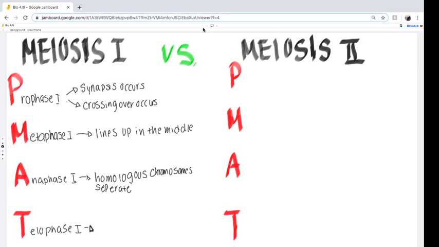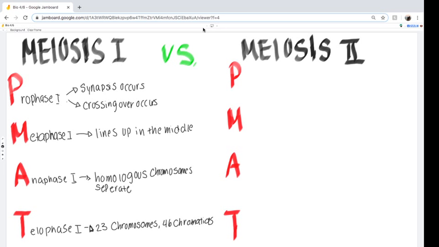After completing meiosis 1, we have 23 chromosomes, but we have 46 chromatids. In order to make this number separate into 23, we need to go through meiosis once again.